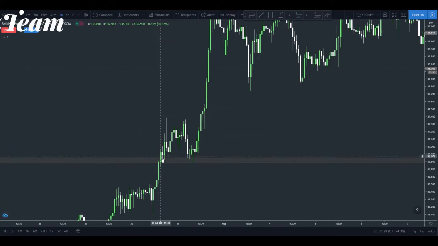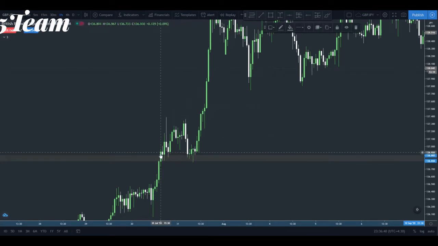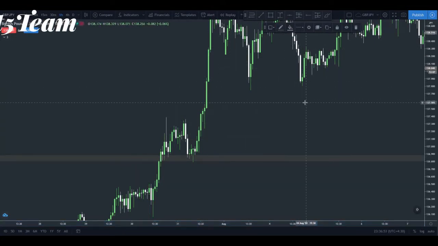The lower wick of this FTR that we have a big movement after that, around here, a little above, will be a good demand, a good support for the future.